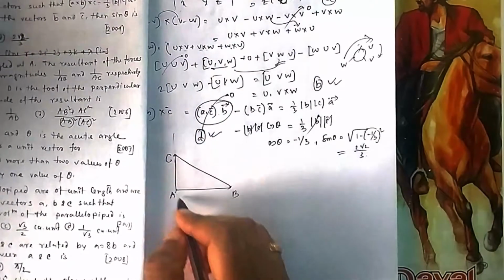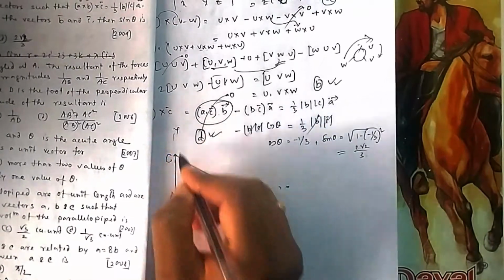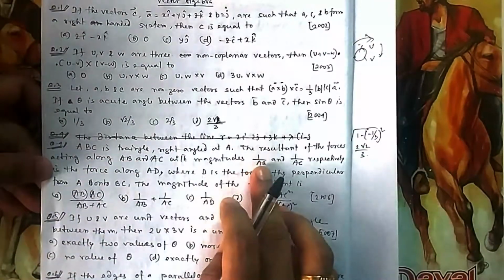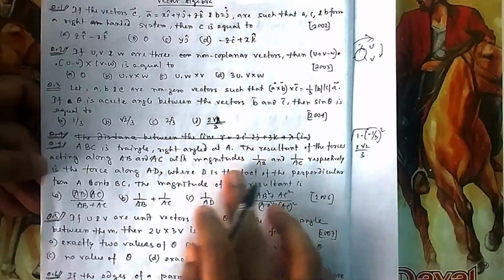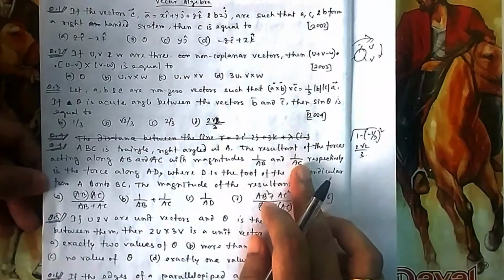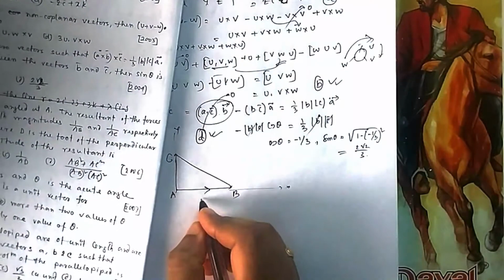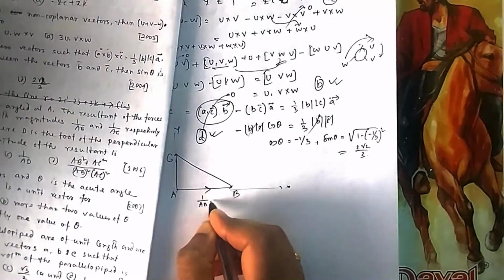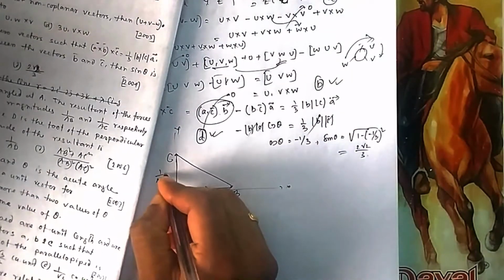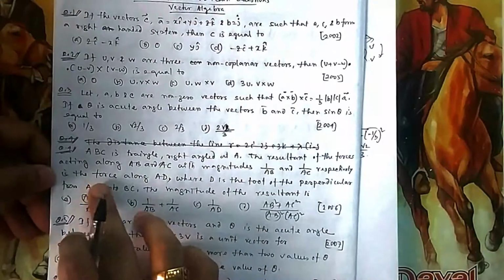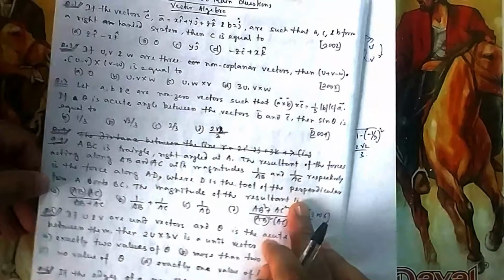So let me take this as the x-axis and this as the y-axis, so for vectors it will be easy. Acting along AB it is 1 by AB magnitude, and along AC it is 1 by AC magnitude. Okay, two forces are there. So one force is in this direction, its magnitude is 1 by AB i cap, and the other is 1 by AC j cap, in this direction. The resultant is along the force AD, where D is the foot of the perpendicular from A to BC.